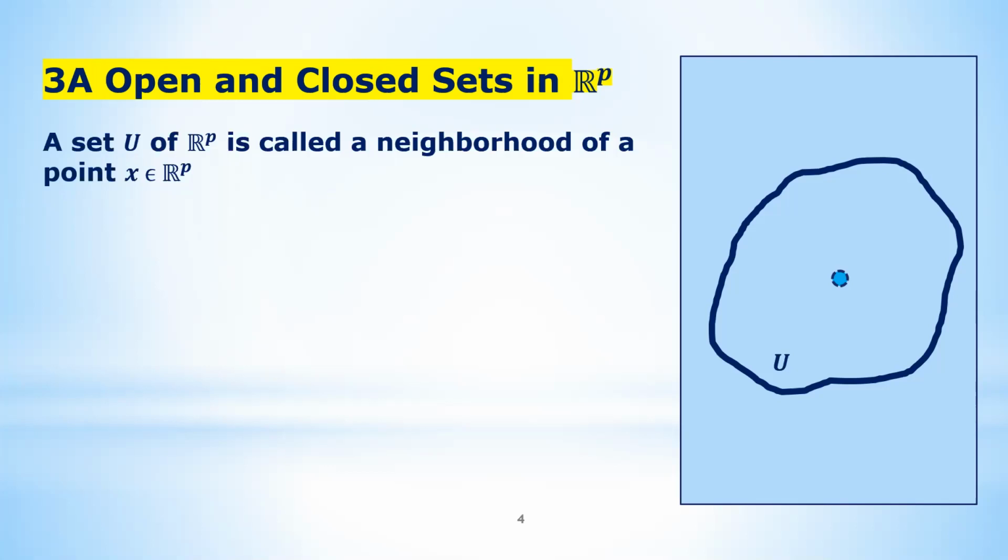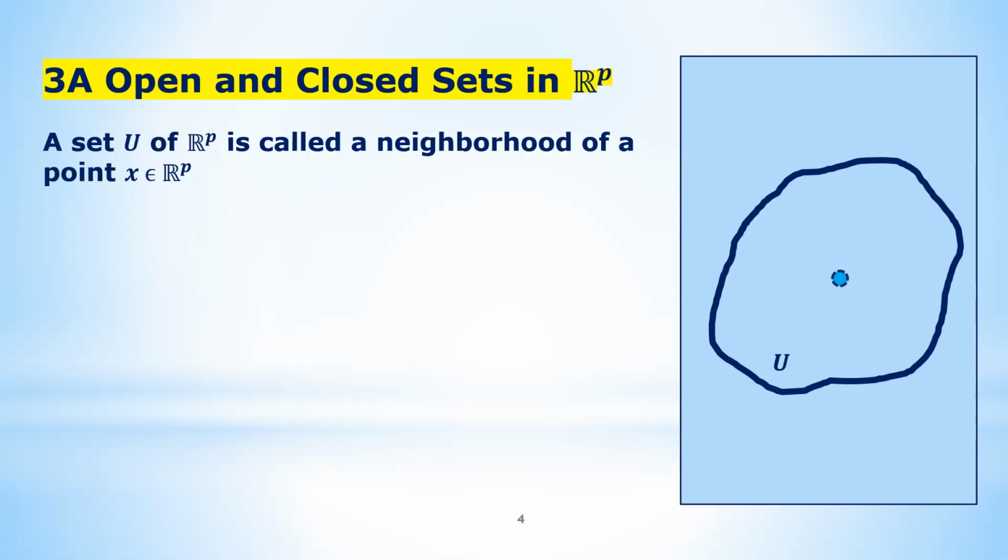From the picture, you can see there is a point x in Rp, and there's a set called U. This set contains the point x, right? Now, what do I mean by U being a neighborhood of this point?